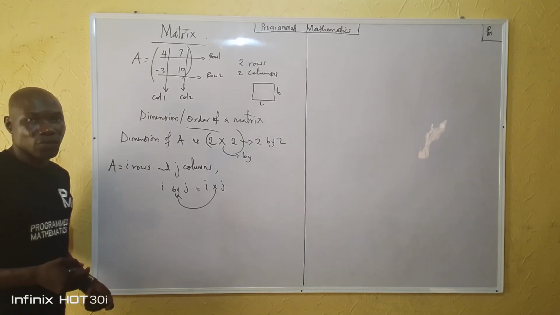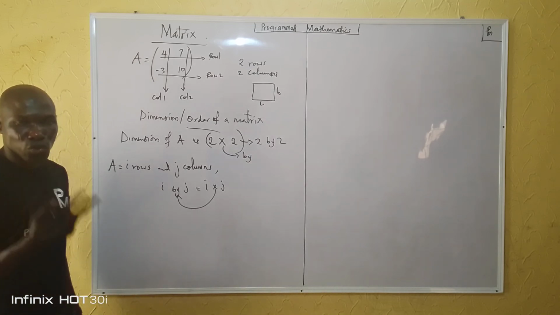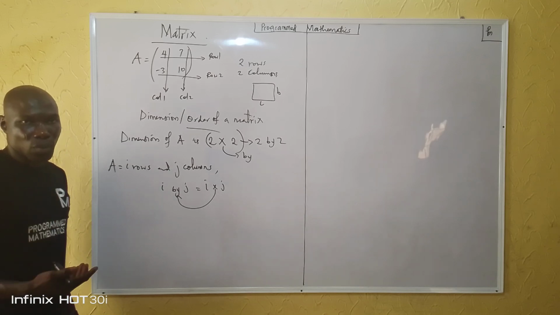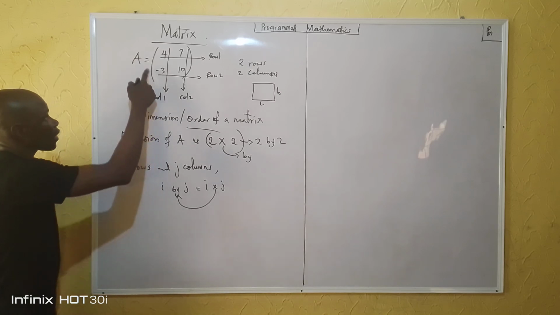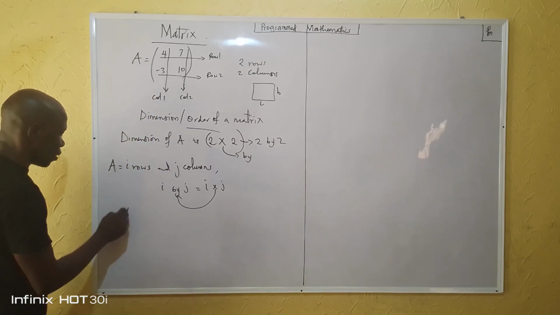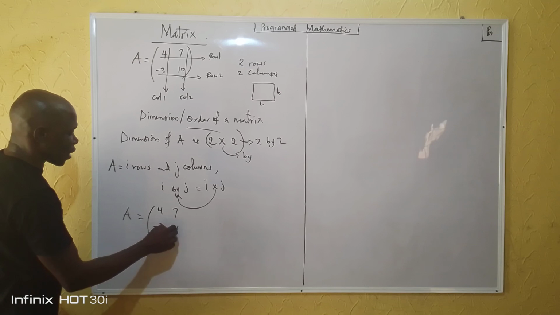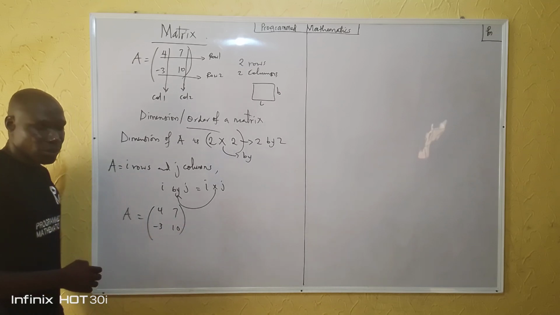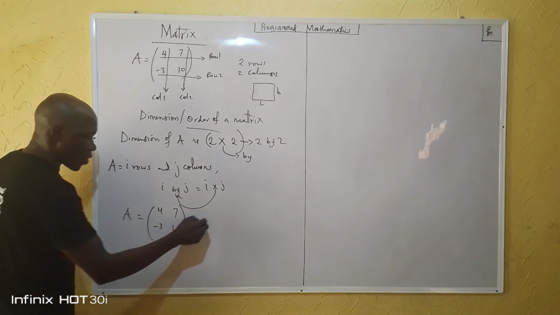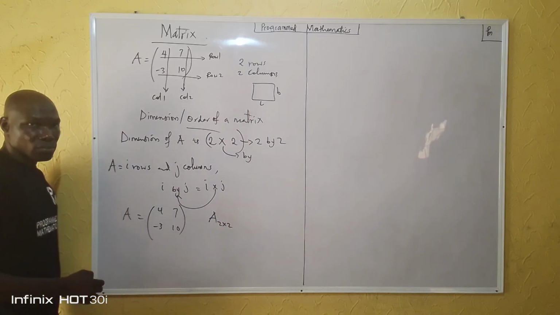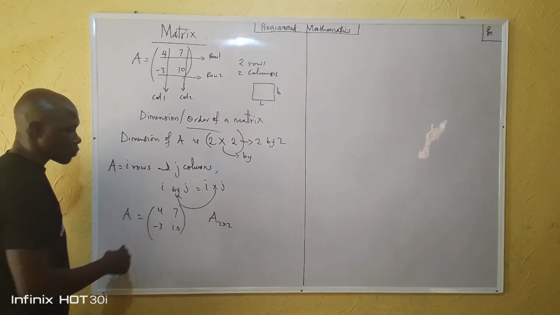So I can say A is of order 2, meaning 2 rows, 2 columns, or A is of order 3, meaning 3 rows, 3 columns. If you look at matrix A up here, having 4, 7, minus 3, and 10 as the elements, matrix A's dimension is 2 by 2. So A is a 2 by 2 matrix.